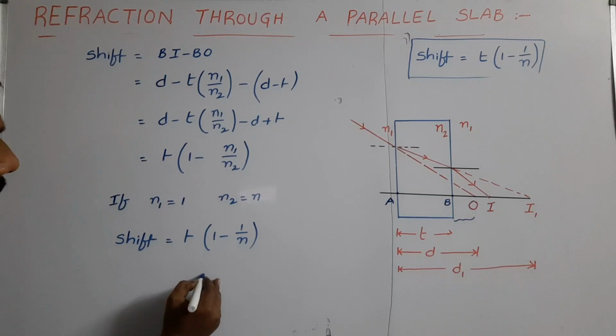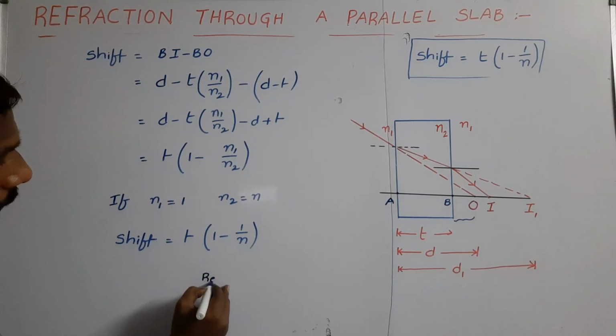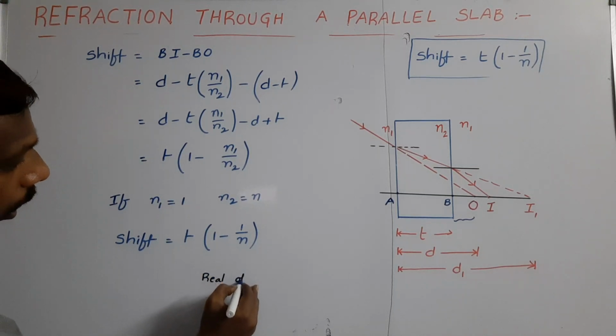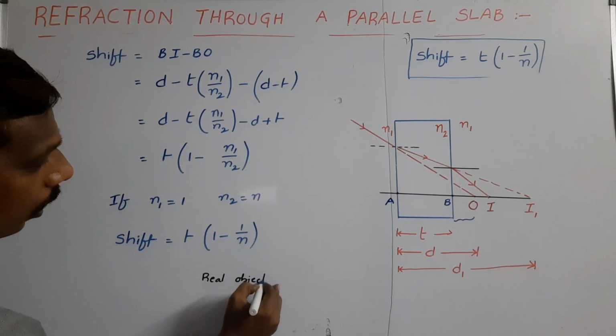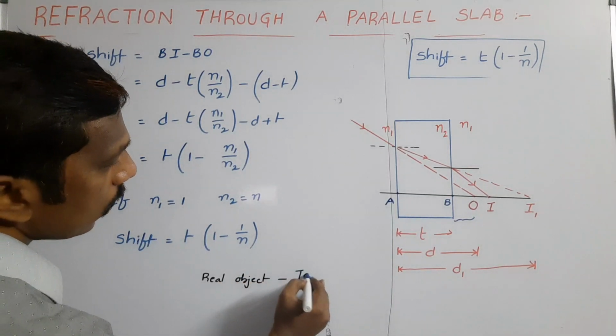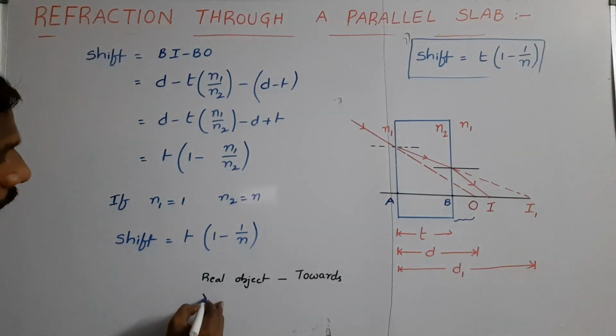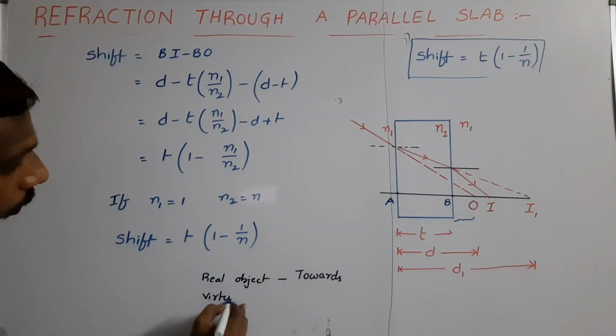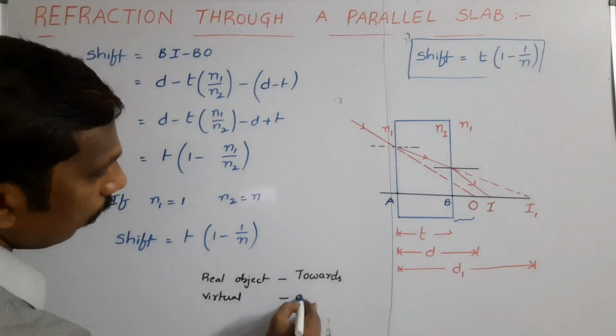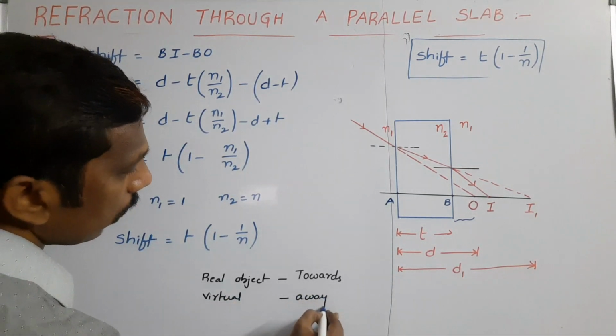In a real object case, shift is towards the glass slab. In a virtual object, shift is away from the glass slab.